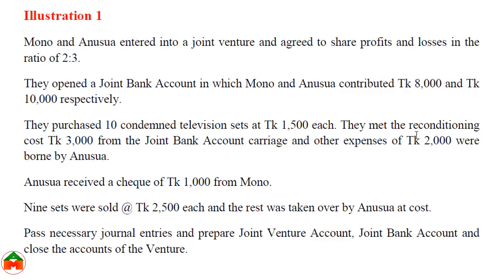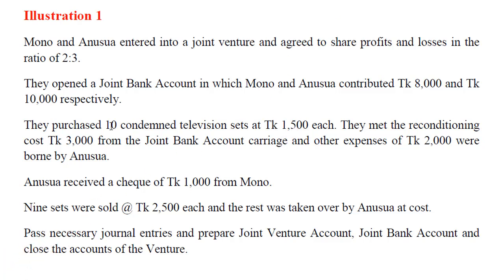They incurred reconditioning cost of Taka 3,000 from the joint bank account; carriage and other expenses of Taka 2,000 were borne by Anusha. That means the total cost of television sets is 15,000, because each set is costing Taka 1,500.